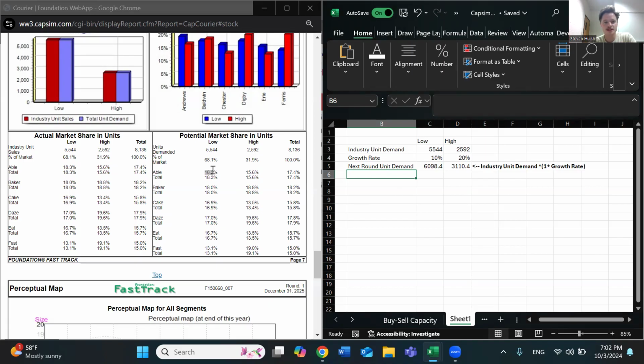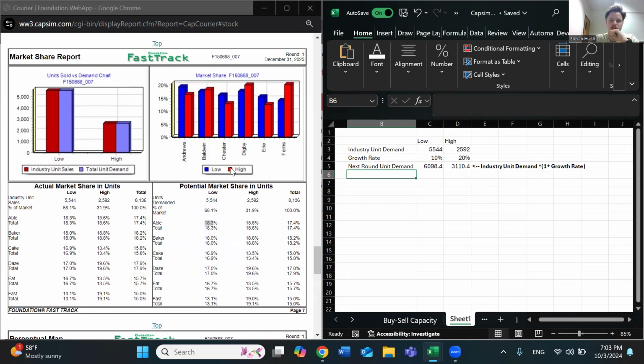As more products enter the market and create more competition, your potential market share is going to diminish. And so if you use only this as a forecast, it might not be accurate because it's only based off of last round. This is what I sold in round one. The market in round two is entirely different. There's more products in the market, there's better competition in the market, and my product might not be as good, or it might be better.